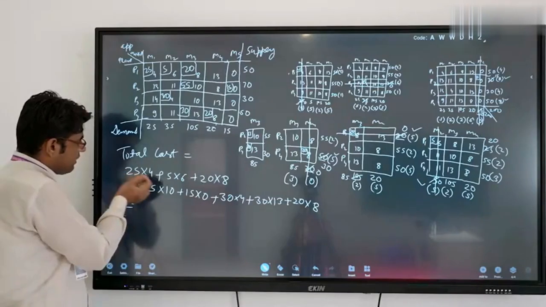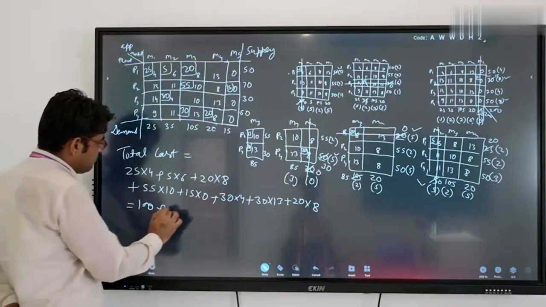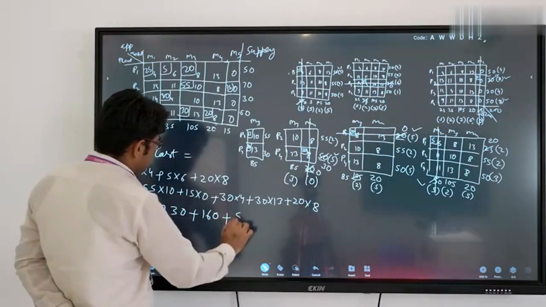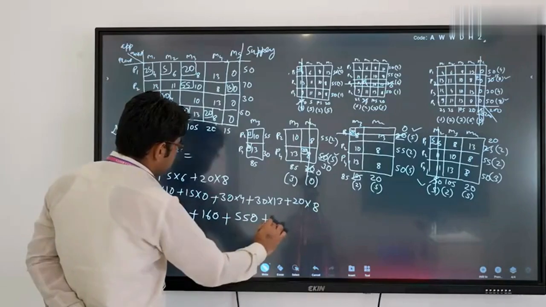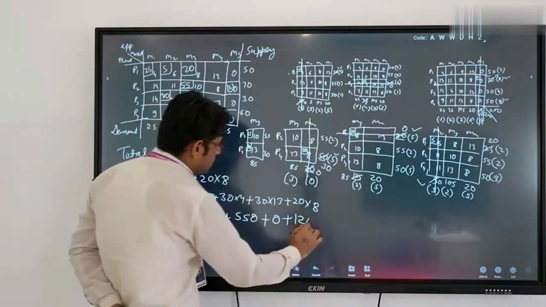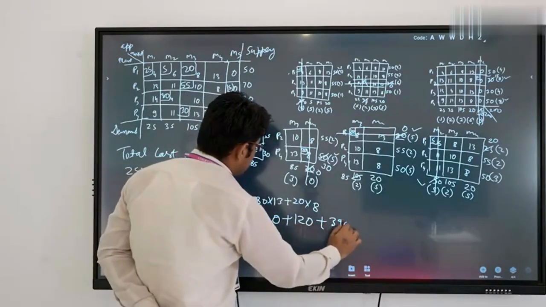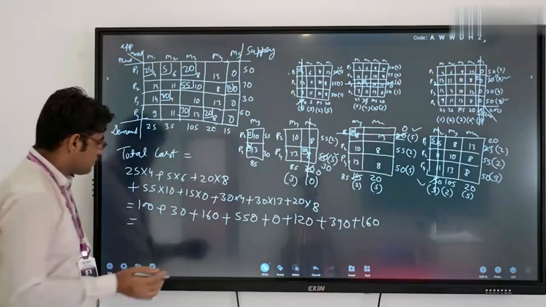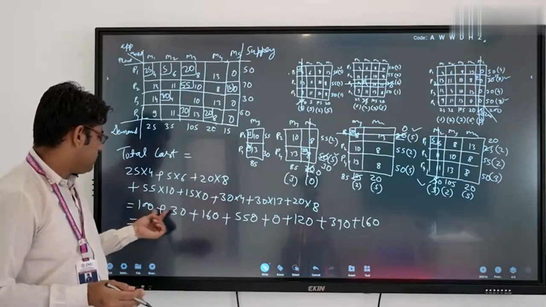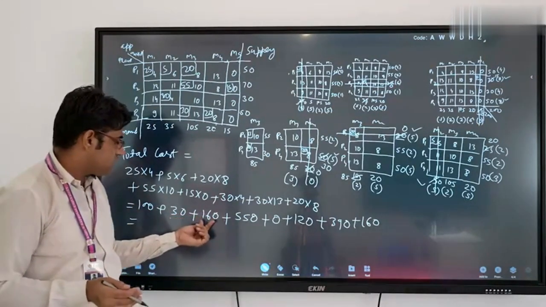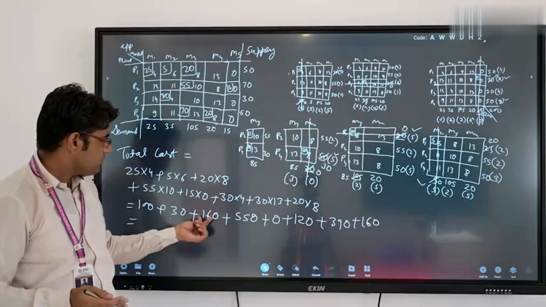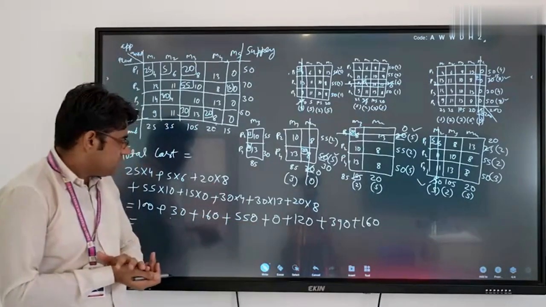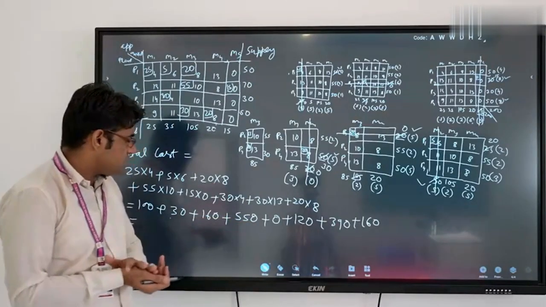Now 25 into 4 is 100, plus 30, plus 160, plus 550, plus 0, plus 120, plus 390, plus 160.